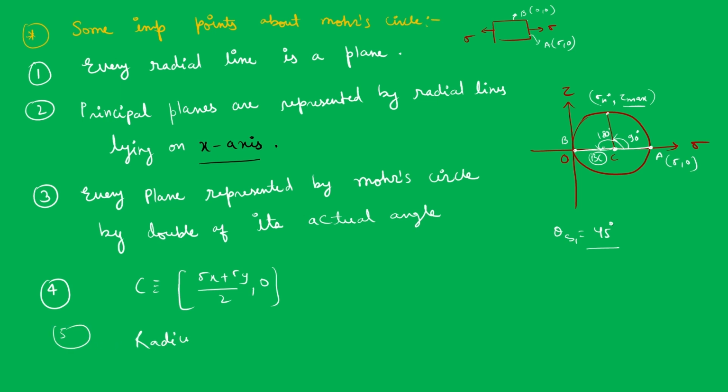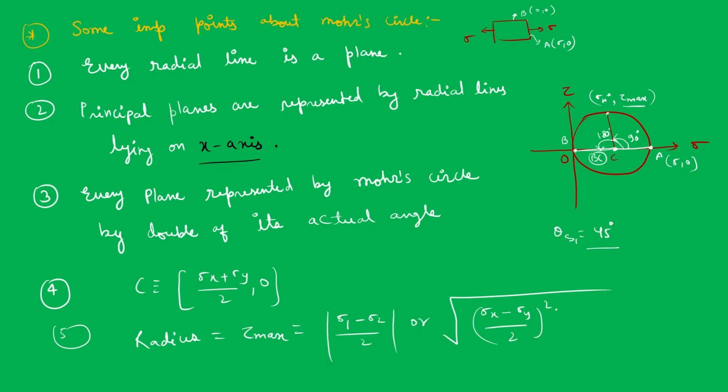The radius of the Mohr circle equals tau max, which equals sigma 1 minus sigma 2 by 2, or you can use this formula: the square root of sigma x minus sigma y by 2 whole square plus tau xy whole square.